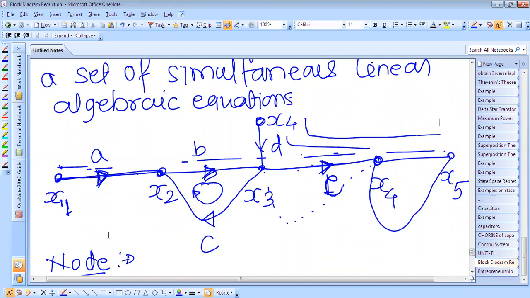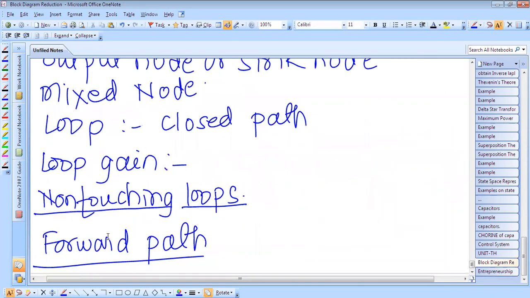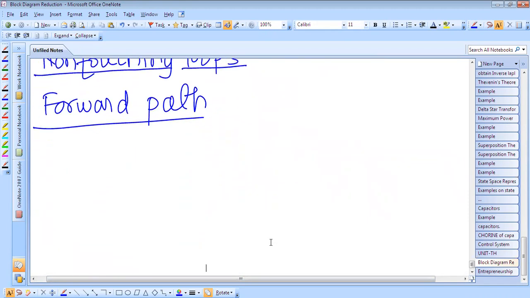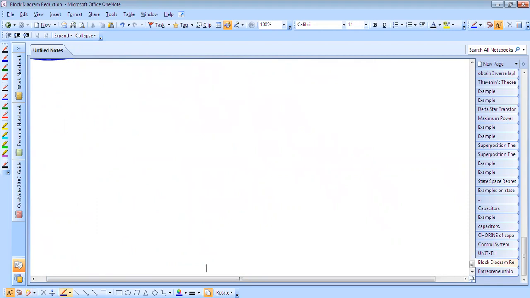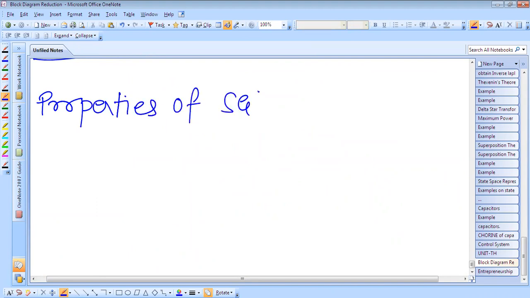Now there are some important properties of signal flow graphs. The first property is that a branch indicates the functional dependence of one signal on another.